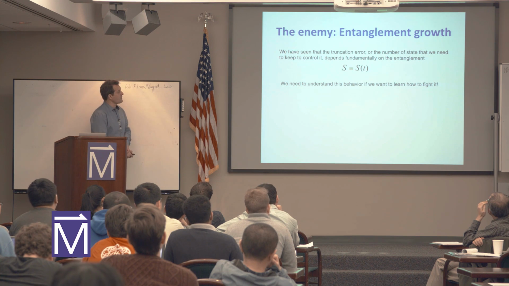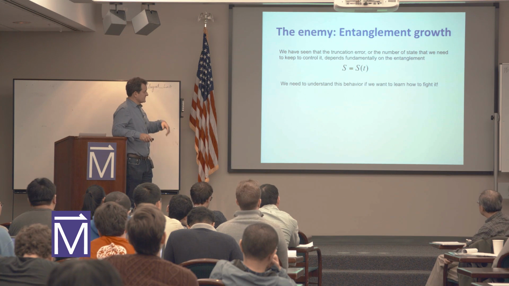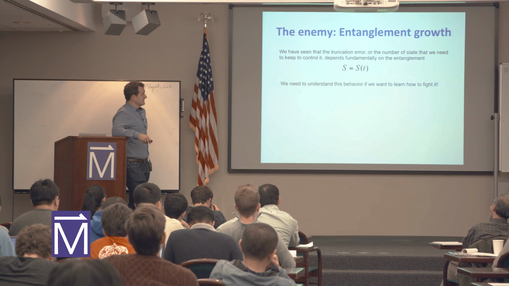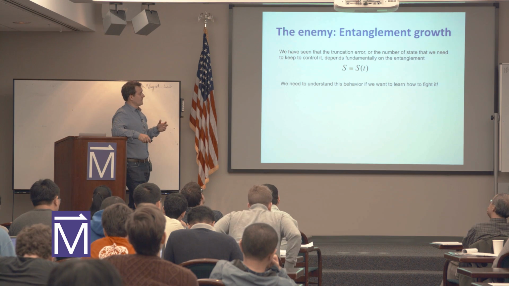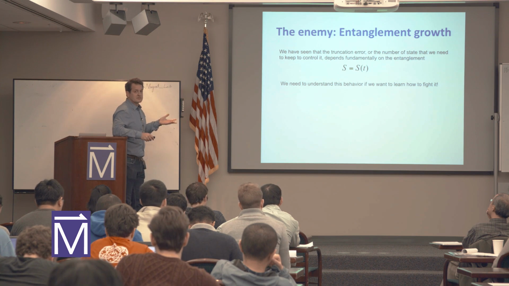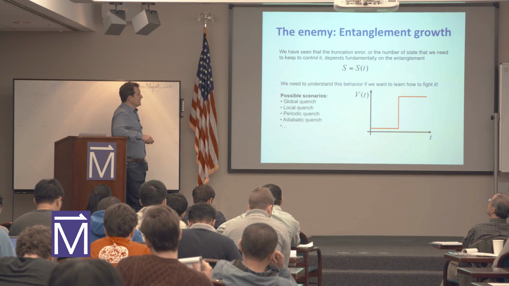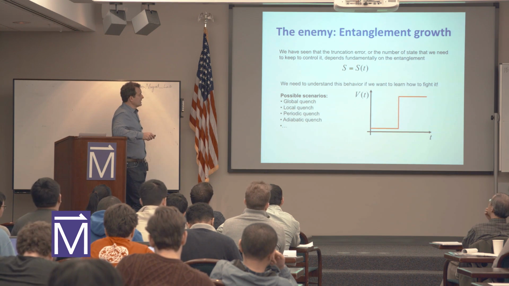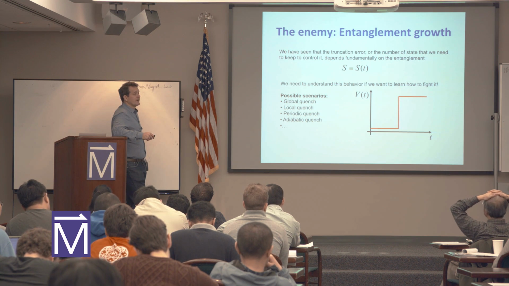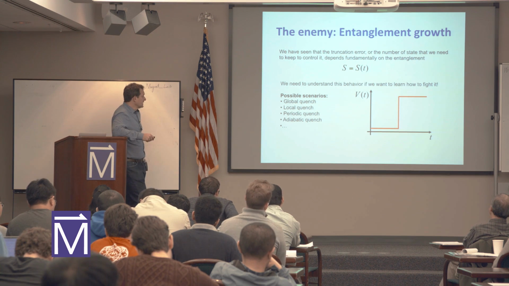OK. I told you earlier that the number of states that you need to keep as you evolve in time grows. The only reason for this behavior can only be that the entanglement is also growing. Why it grows and how it grows can be predicted beforehand in some particular cases. You have different scenarios.